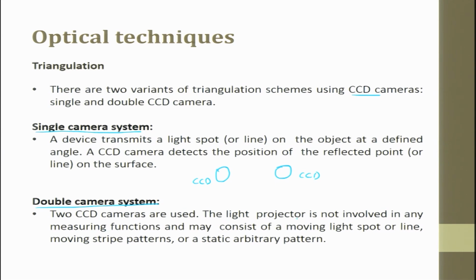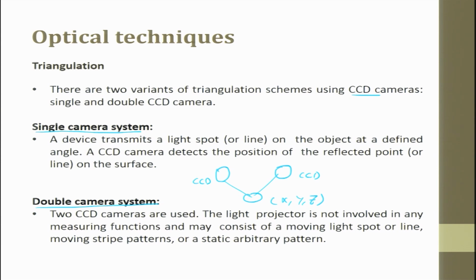The light projector is not involved in any measurement function and may consist of a moving light spot or line, moving strip pattern, or a static arbitrary pattern. So, with this, we can try to find out the distance, and we can also try to get the x, y, z points. So, double camera or single camera.